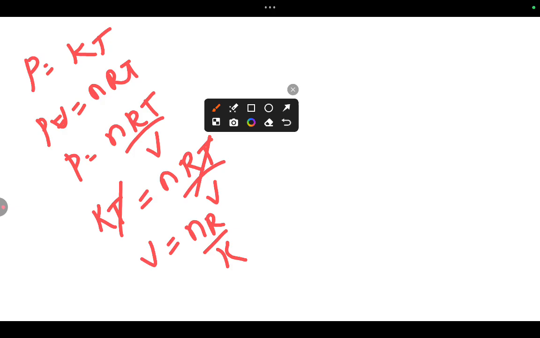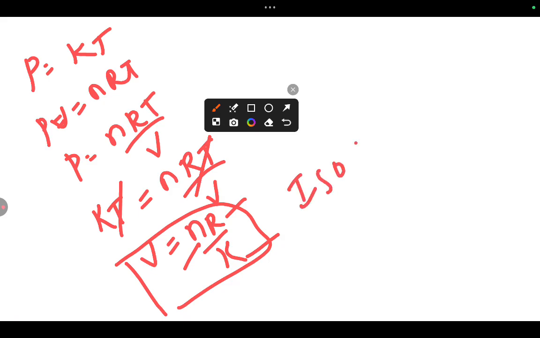Here n, R and K are constants in the equation. So V is constant, because n is constant, R is constant, K is constant. Where volume is constant, that is called the isochoric process.